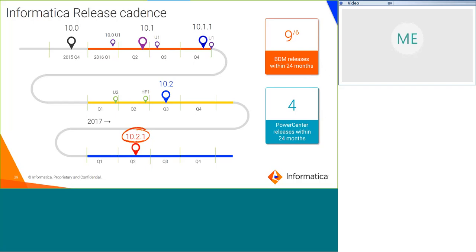That means only 3 of the 9 releases were ones where we shared the release with Power Center and IDQ. The rest of the 6 were big data only releases, like update releases, such as Big Data 10.2.1 update or 10.1.1 update, which are very big data management specific. In the same period, Power Center has gone through 4 releases.